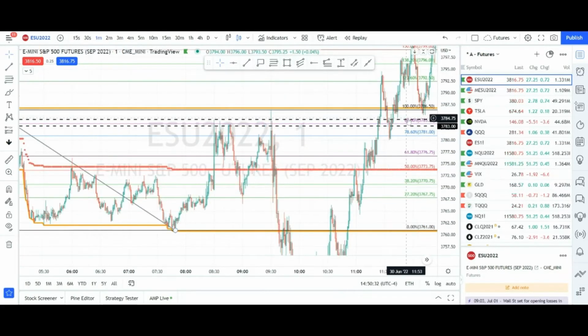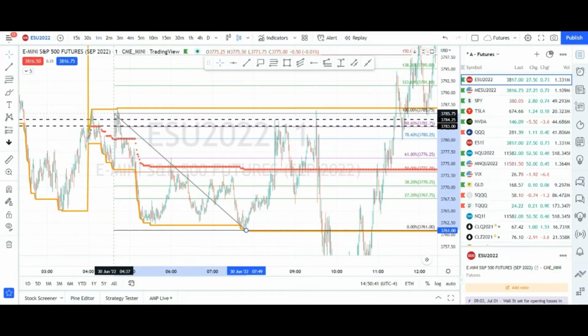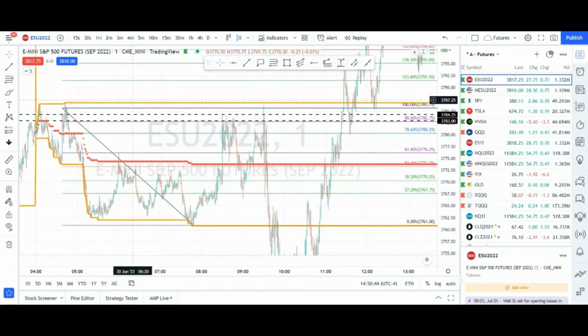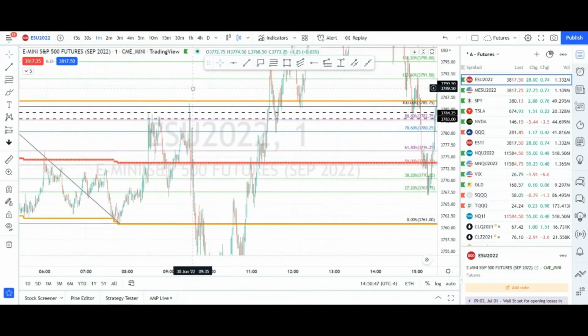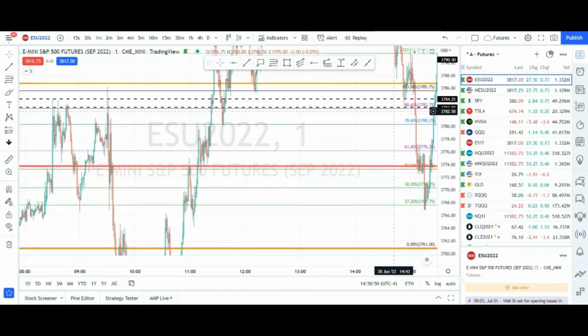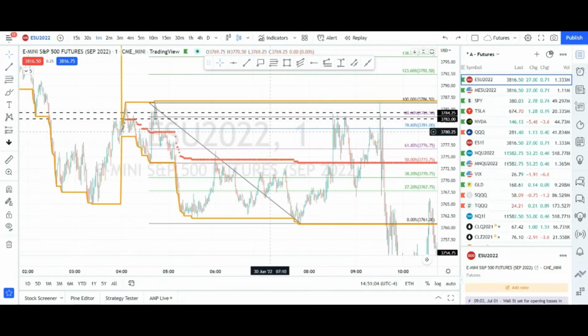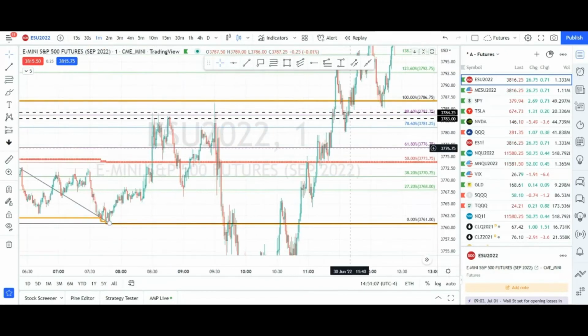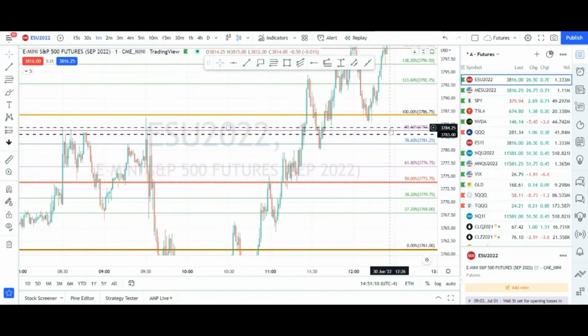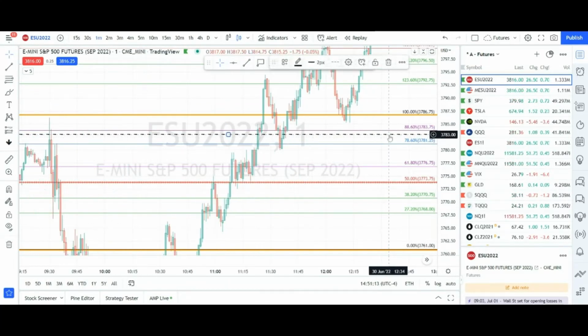If I put my sell order above this line and the highest level is wrongly placed here, it will not take my order. Obviously the trade will come again, but I will not get inside the trade. So that's why you can put your order a little bit down from these levels.